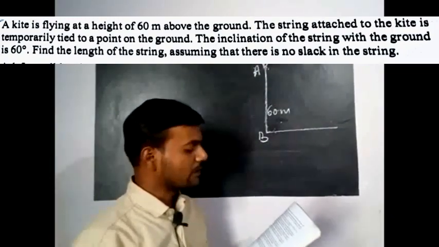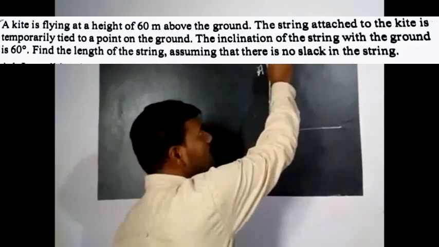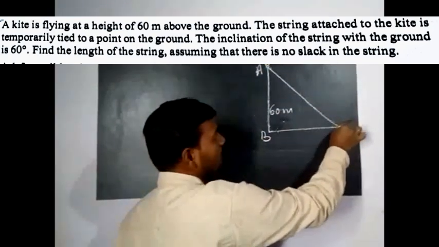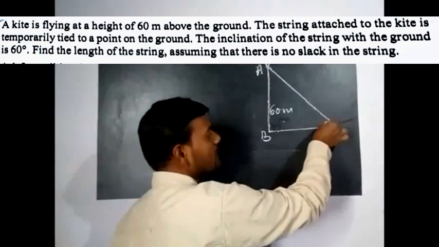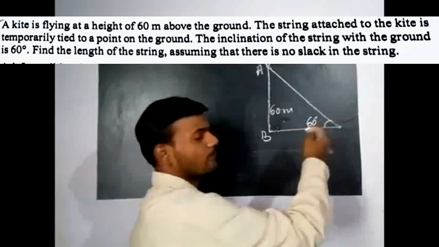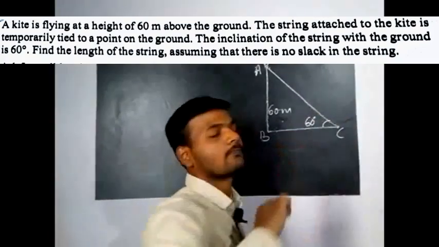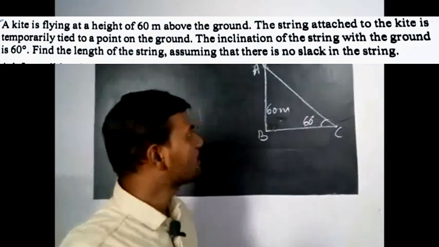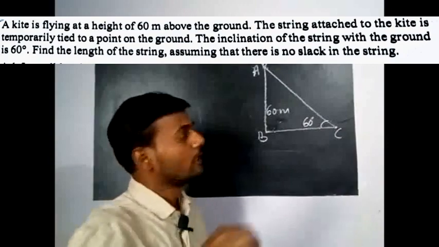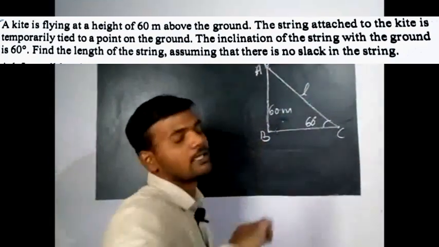The angle of inclination of the string with the ground. There is a string which is attached to the kite, which is tied on the ground. So that string is inclined at an angle 60 degree with the ground. Okay, let us mark this point as C. And what we have to find here is the length of the string, that is L, we need to find here.